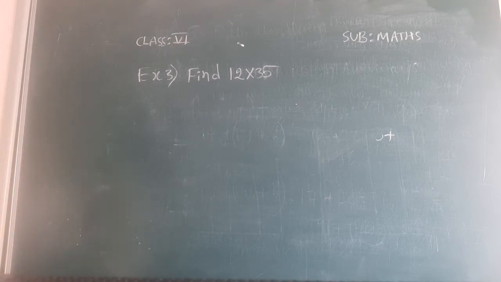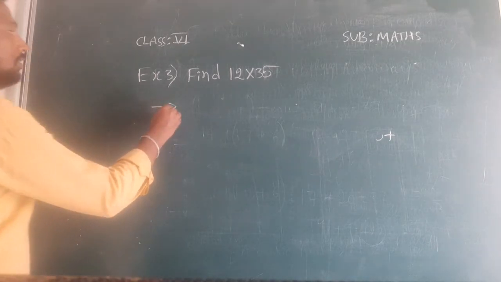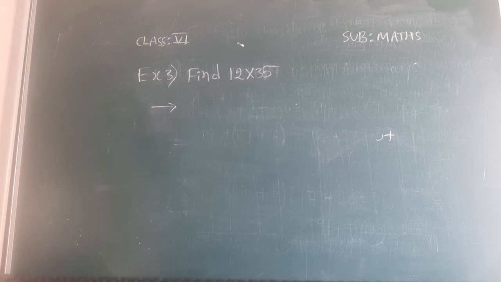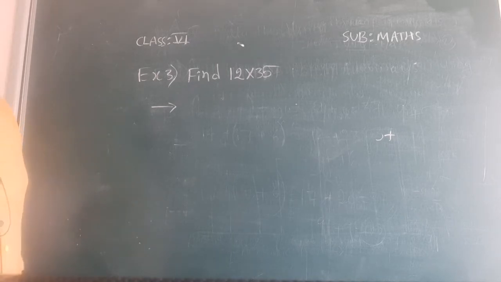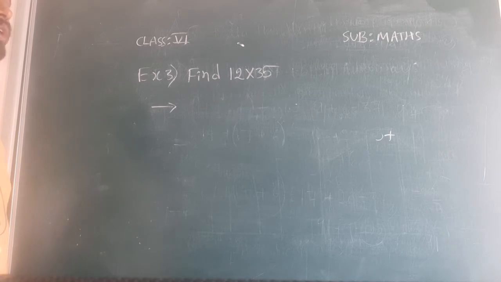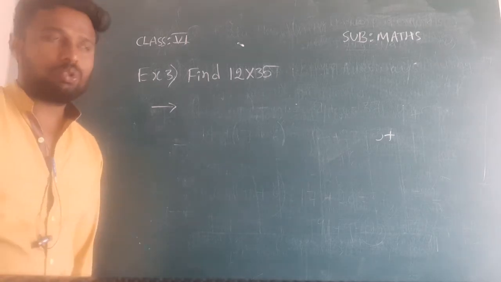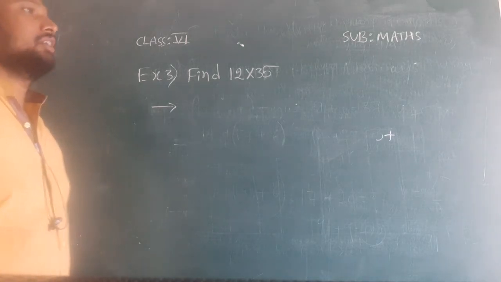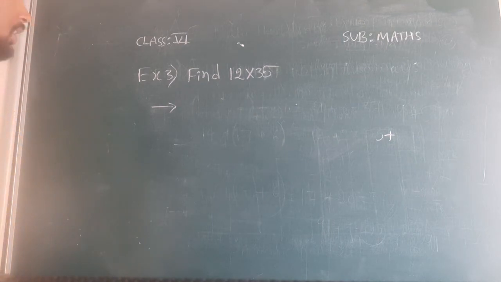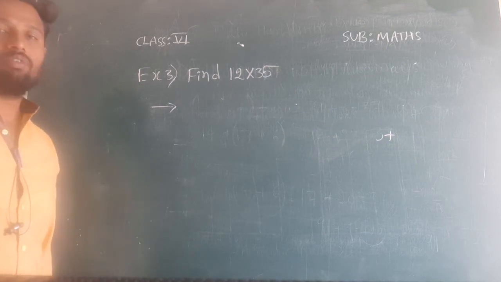So how to multiply this means, already we know that we can apply associative and commutative property for multiplication, because in whole numbers both associative and commutative property, these two are applicable.